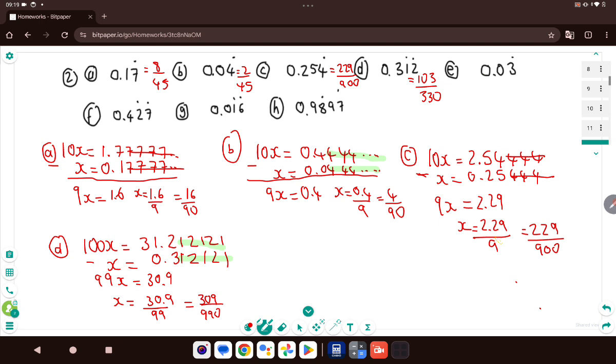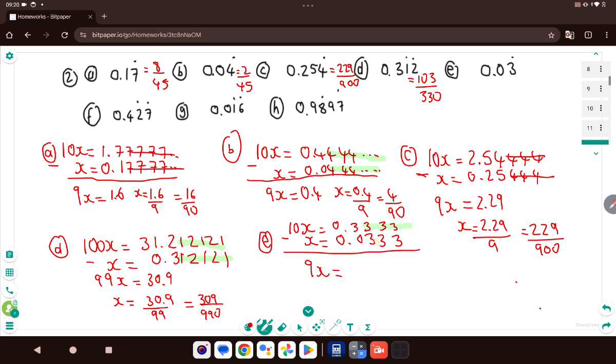And then E, we've got let x equal 0.03 recurring. Just a single digit, so multiplying it by 10. Subtract. 10x take away 1x is 9x.